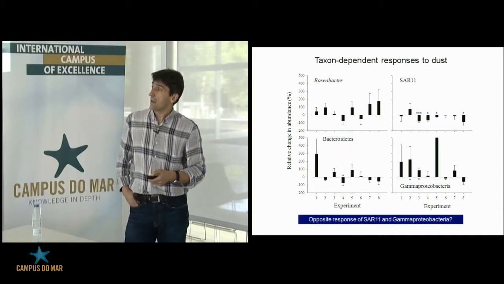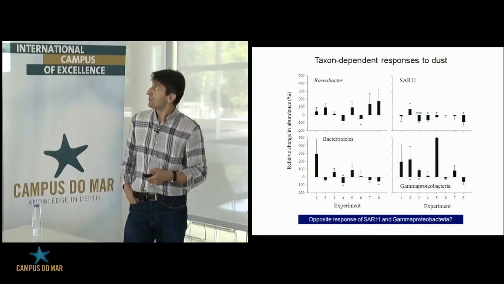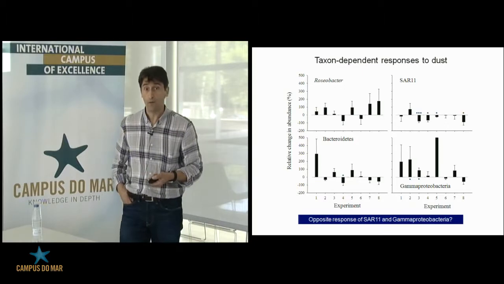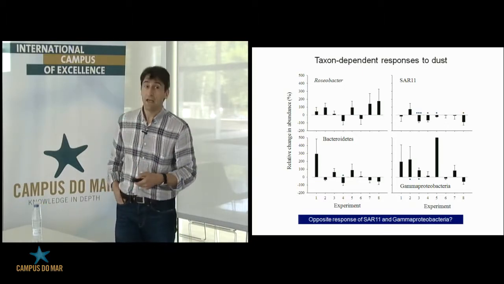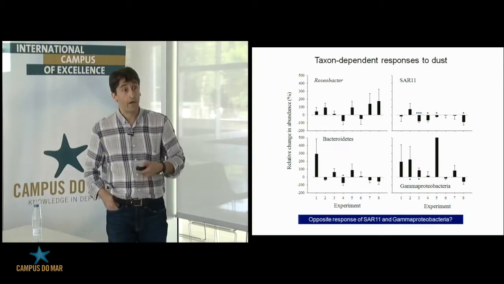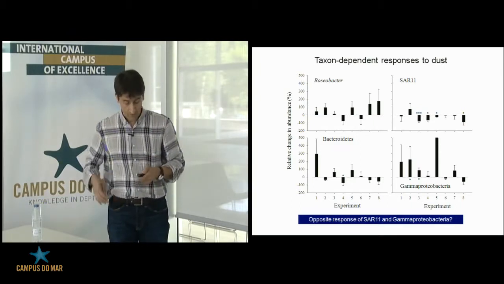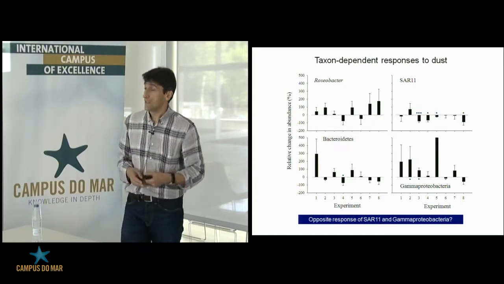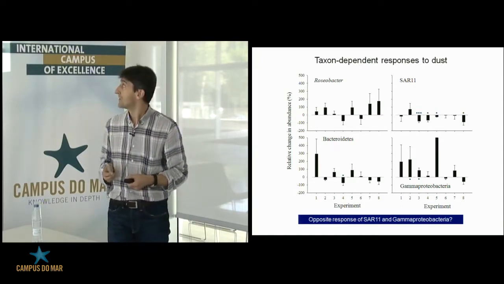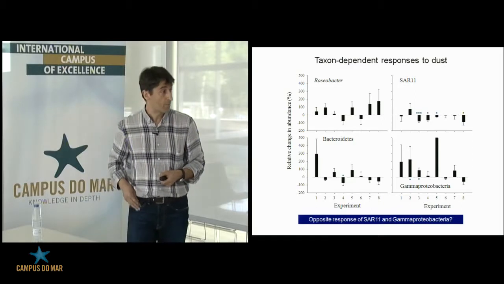Similarly, in the heterotrophic bacteria, we found that, for instance, the SAR11 group, which is in the upper right-hand corner, tended to show, again, a negative response. So for some reason, these guys here didn't like the dust much, whereas the gamma proteobacteria tended to show a positive response.